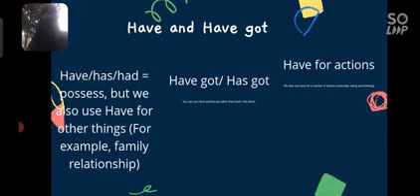Tom has got a headache. An example for a question is, have you got a headache? But don't forget, for the past, we use had: when she was a child, she had. We use had here.